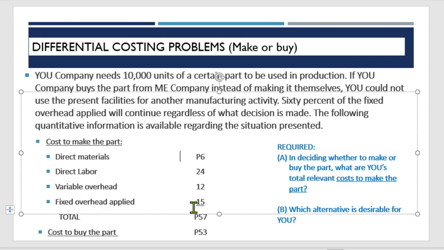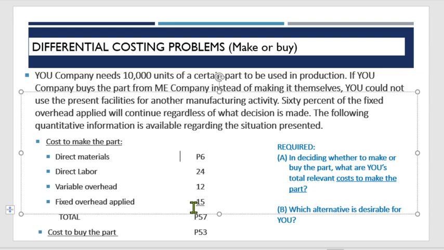Yung fixed overhead, ano ba ang sinabi dyan? 60% of the fixed overhead applied will continue regardless of what decision is made. So, ibig sabihin, whether bumili ka ng part or gumawa ka ng part, 60% ng fixed overhead ay magko-continue. So, 40% lang yung magva-vary between alternatives.